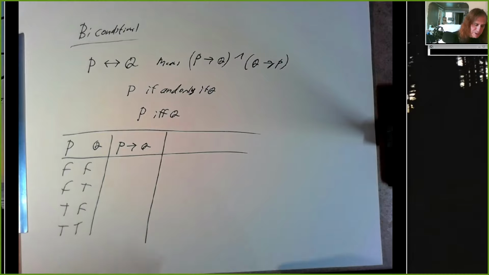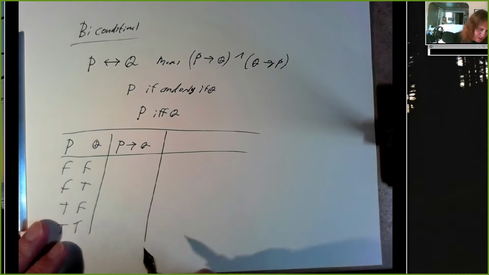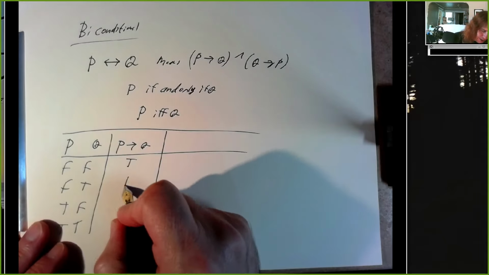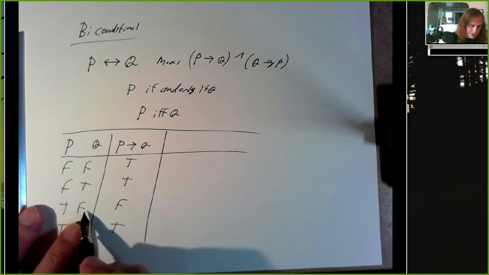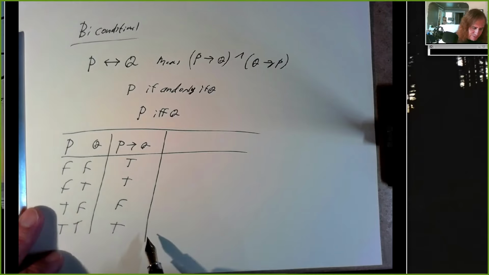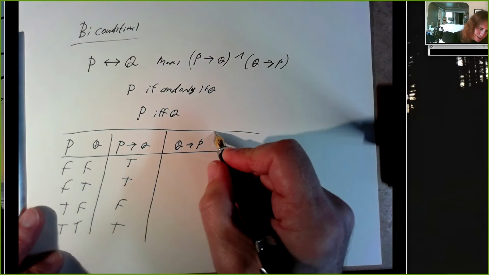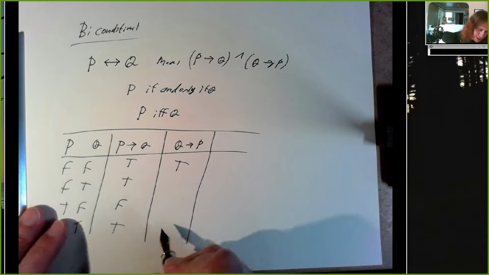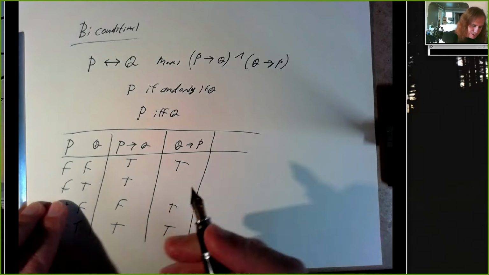So we can make a truth table for some of this stuff. We already did the truth table for if P then Q, and we saw that this was true in all cases except where the hypothesis is true and the conclusion is false. Any other case, the conditional statement is true. And so if Q then P will be true in any case except where the hypothesis Q is true and the conclusion is false.